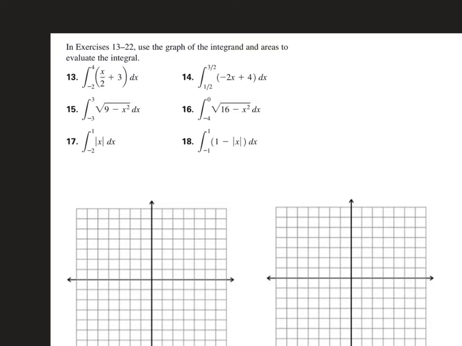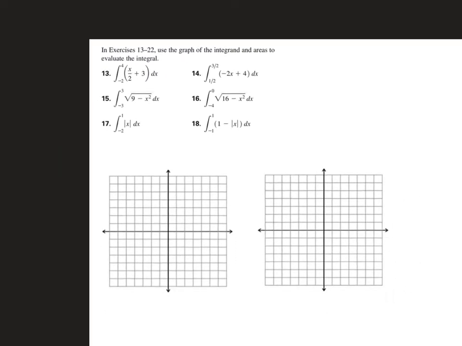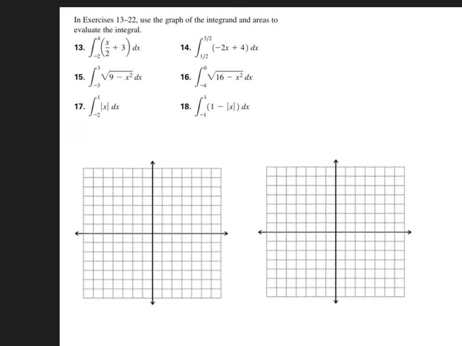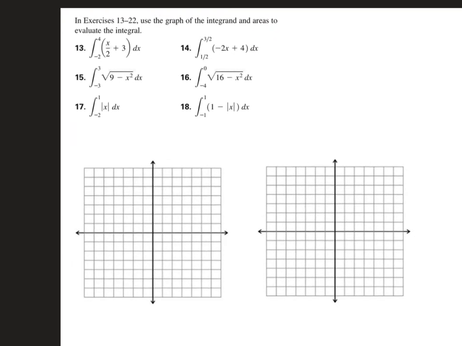Okay, so maybe we'll do 13 on one of these, and then maybe we'll do 16. We'll do 15.